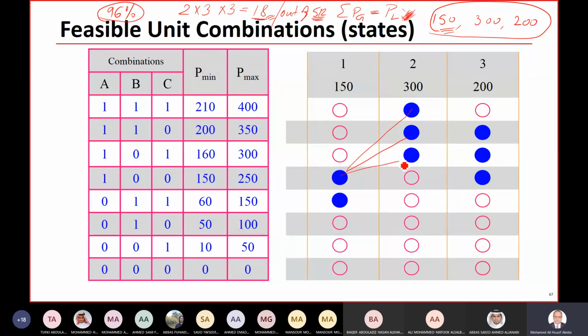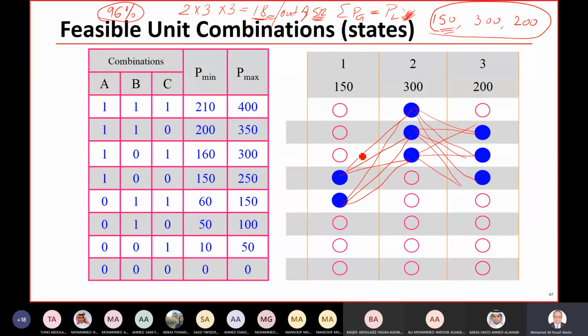You can switch the combination to this, or from this combination you can go to these combinations as well. And if you are here in the second period, theoretically you can go to any one of these combinations, and also for this one, and also for this one.